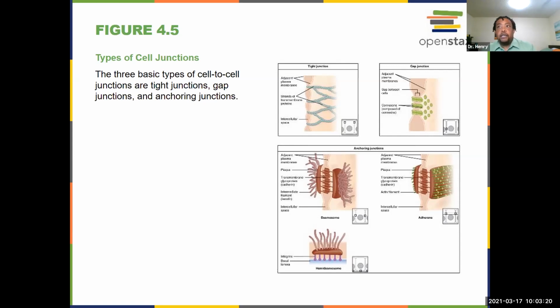A cell might say, hey, you need to stop growing because you're in my space. This is my space, not your space. You're growing too much, right? So the junctions serve as a means of communicating. It's also a means of making connections between cells, keeping them together and communicating.